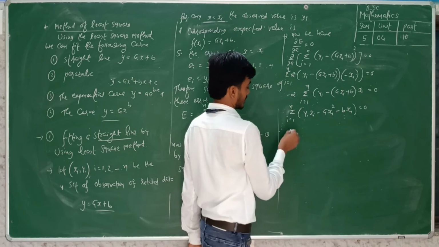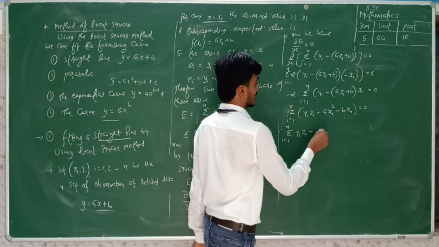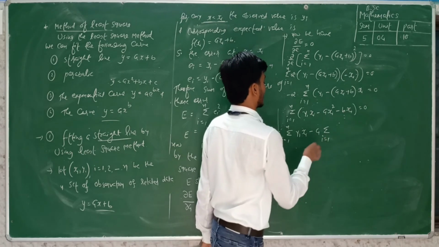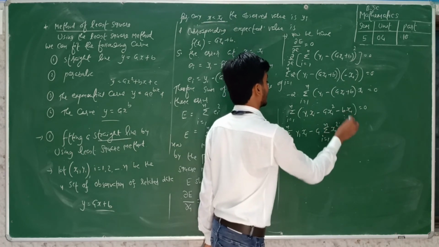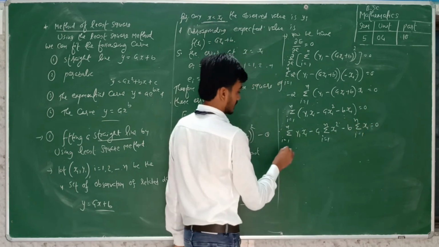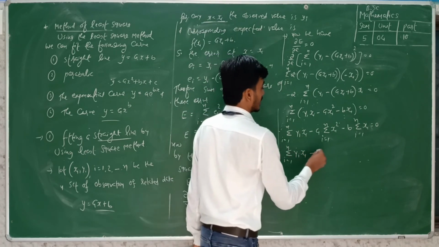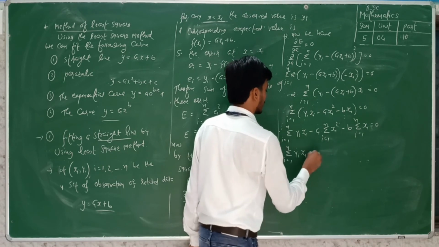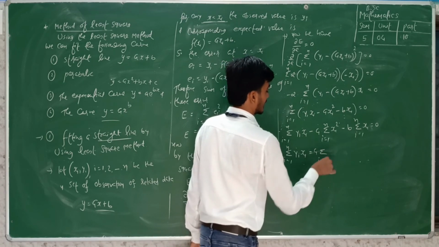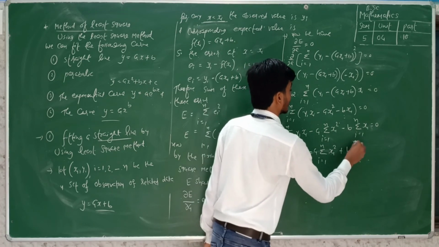Apply the sigma to each term. Sigma i equal to 1 to n yi xi minus a, a constant, taken outside, sigma i equal to 1 to n xi square, minus b, a constant, sigma i equal to 1 to n xi, is equal to 0. So sigma yi xi is equal to a into sigma xi square plus b into sigma xi.